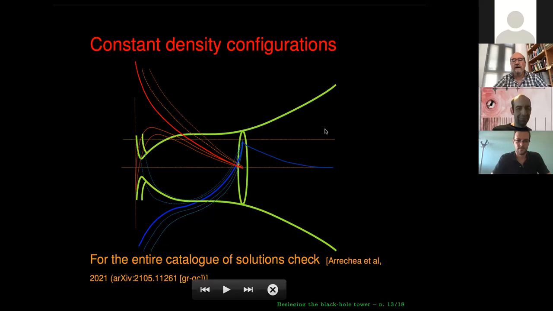But here I want to show the specific form of some solutions in which you have something very close to the dreaming image that I put in my first slides, with only one difference. When it goes to radial positions very close to zero, it turns its behavior and becomes a wormhole.